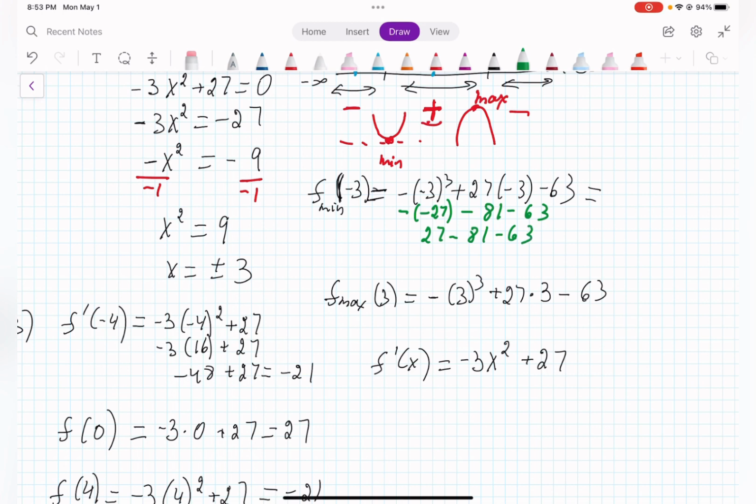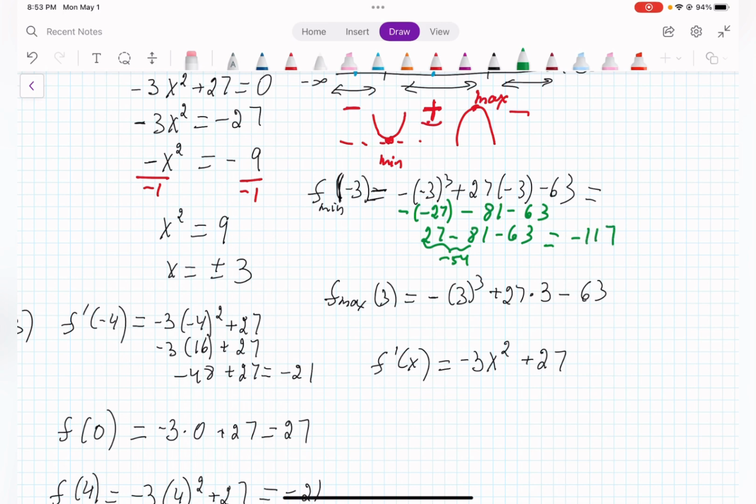How much are we going to get? Let me see. 27 minus 81 is going to be negative 54. Negative 54 and negative 63, we end up adding. So it's going to be negative 117.